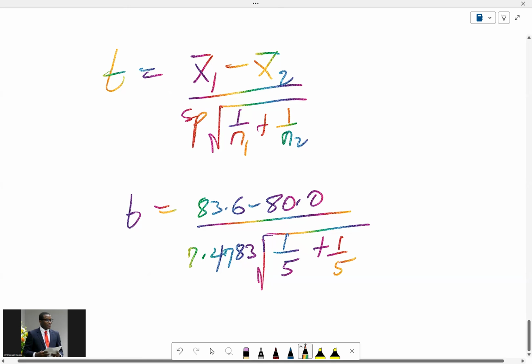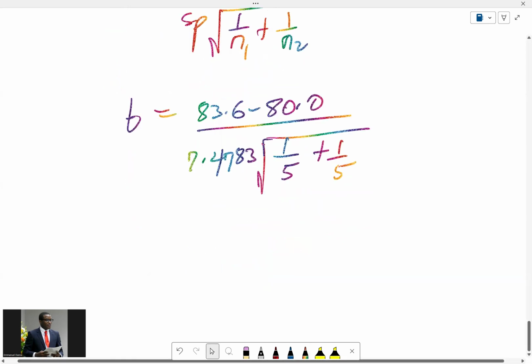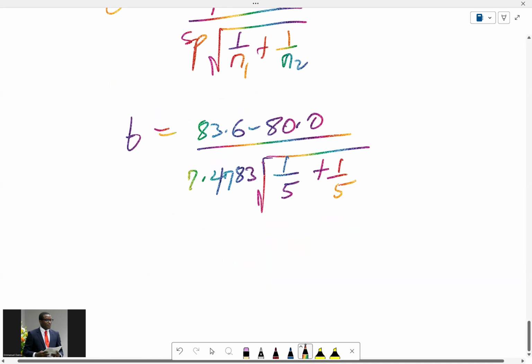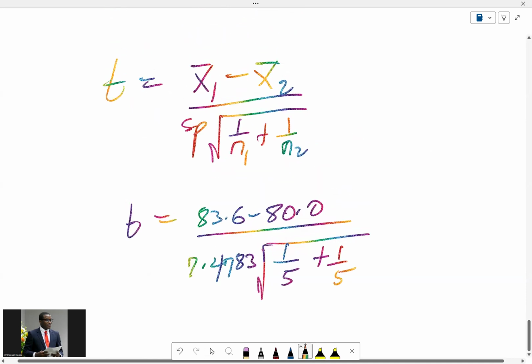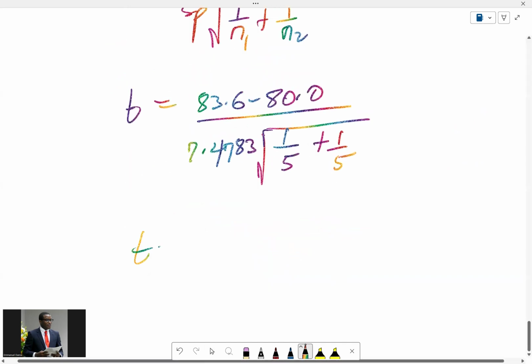Okay, let's just tidy that up. 1 over 5 plus 1 over 5 is equal to, the denominator is 5, that is simply 2 over 5 in short. No need to even stress because the denominator is the same. So T is equal to 83.6 minus 80 is simply 3.6, right?